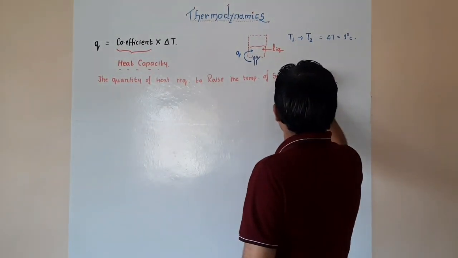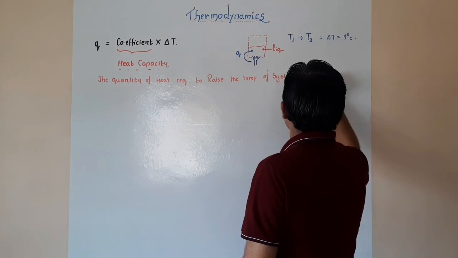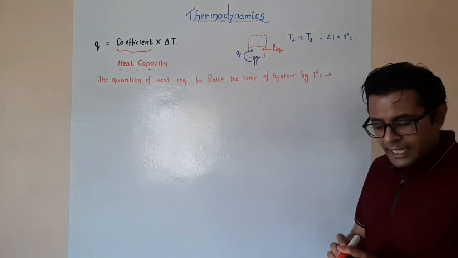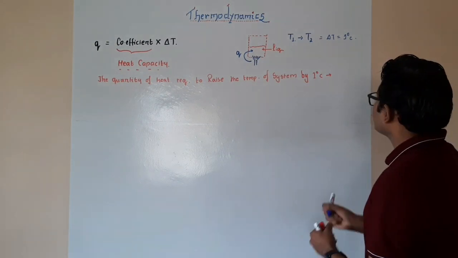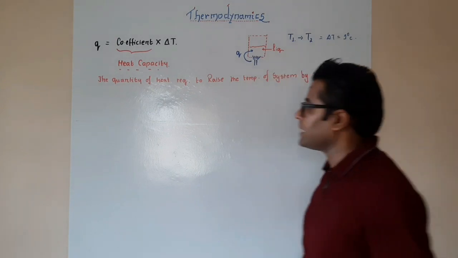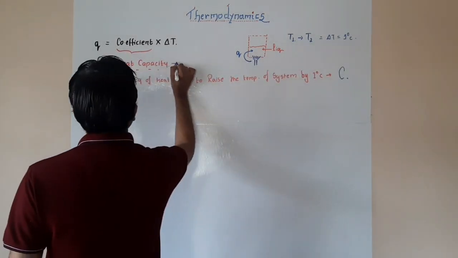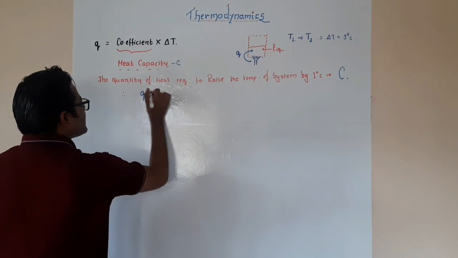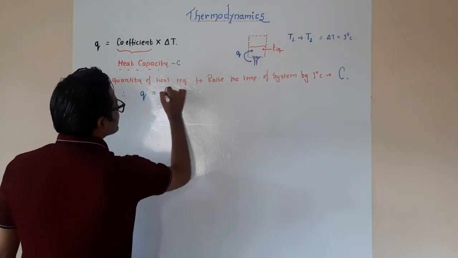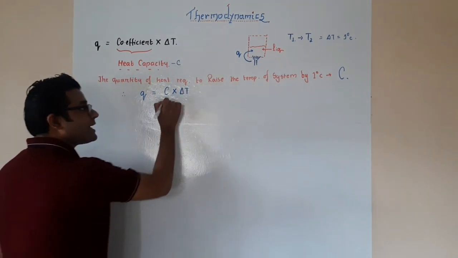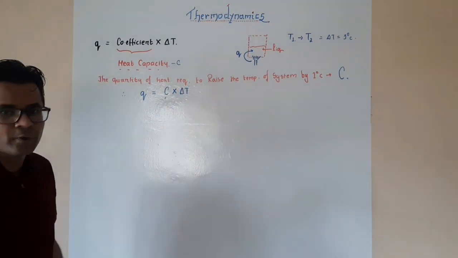That is called your heat capacity, and it is denoted by C. Therefore we have a new way of expressing it: Q is equal to C into delta T. Please note that this is a capital C over here.